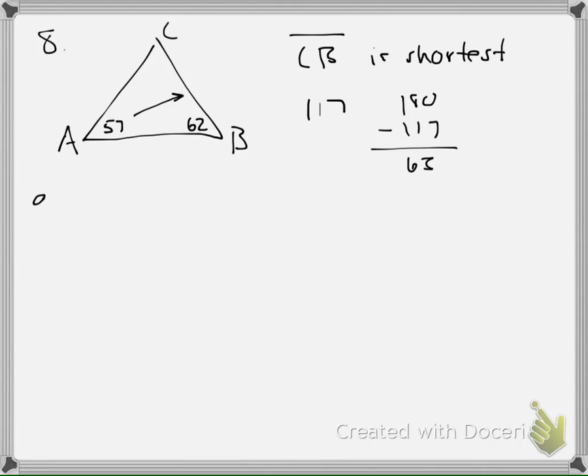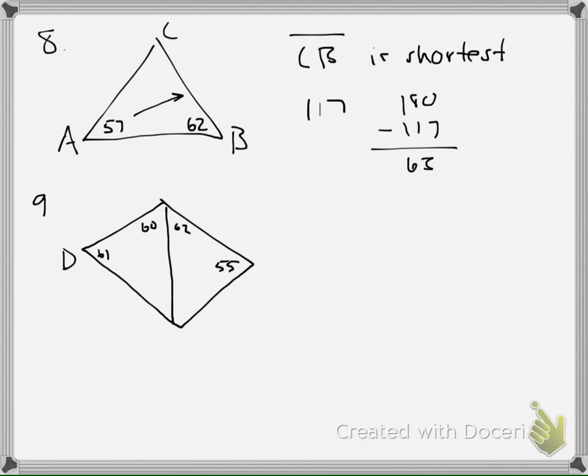Number 9 is similar. You have a rhombus, and then a line down the middle, and 61, 60, 62, 55, and then it's D, G, F, E. Sorry, my drawing's kind of bad.